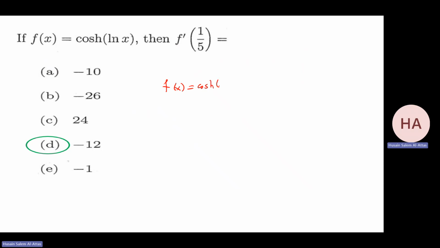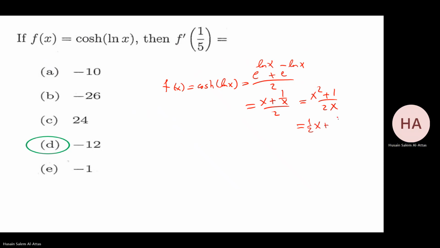That will be cosine hyperbolic ln x, that is e to the ln x plus e to the minus ln x over 2. That will be x plus 1/x over 2. That will be half x plus 1/2x.